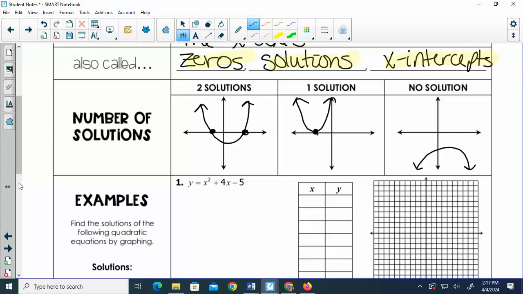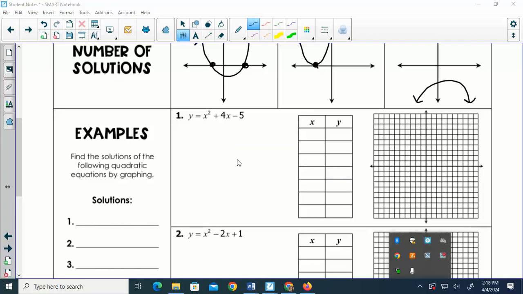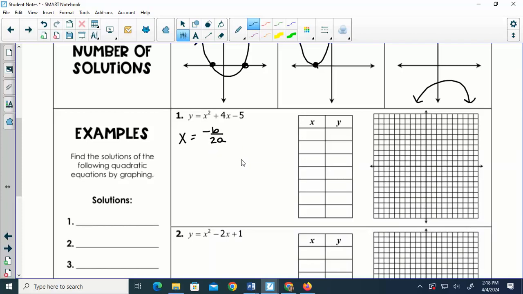All right. We're going to start out the same way we were working yesterday, with a graph. So the first few, these are in standard form. So we can get our graph. What's the first thing we have to do? We need the vertex, opposite of b over 2a. What's the a in this problem?